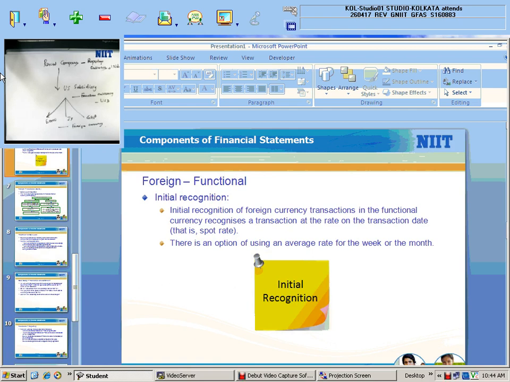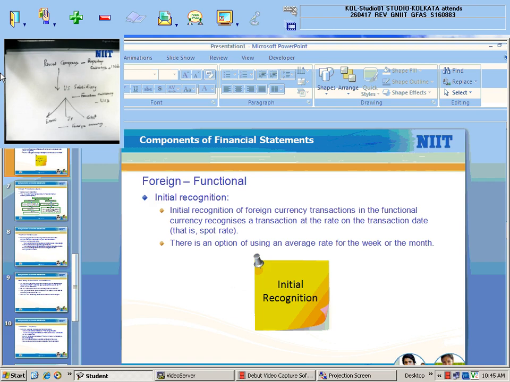So foreign to functional. So conversion, remeasurement and conversion of foreign currency to functional currency. How is it done? Initial recognition of the foreign currency transaction in the functional currency recognizes a transaction at the rate on the transaction date. So when I recognize a foreign currency transaction in the functional currency, that means ABC India branch imported that dedicated server from the US and it was invoiced in US dollar.